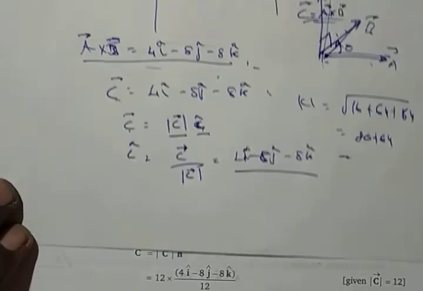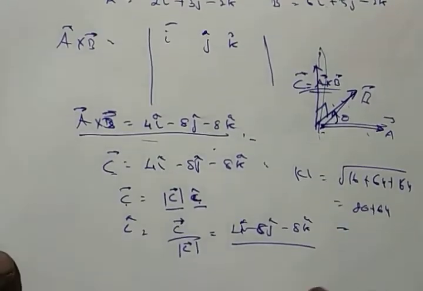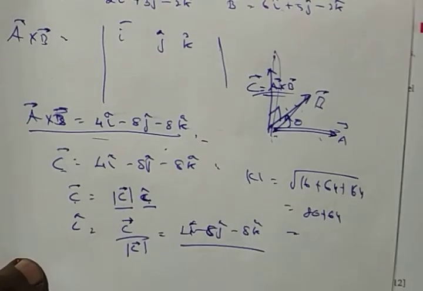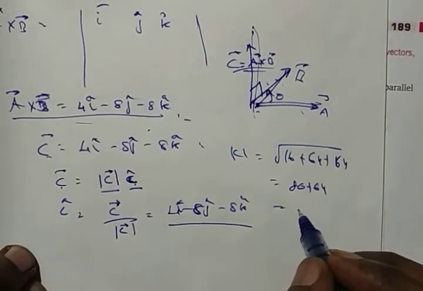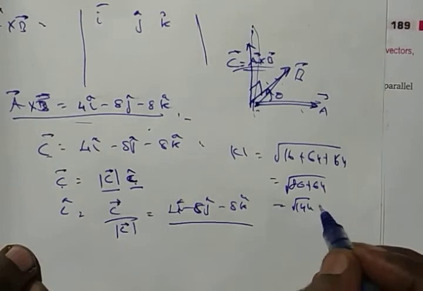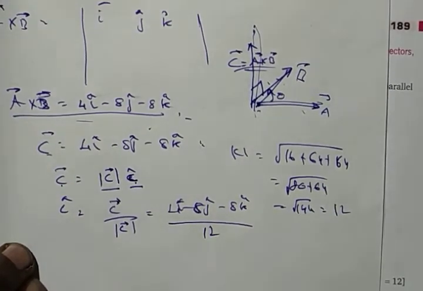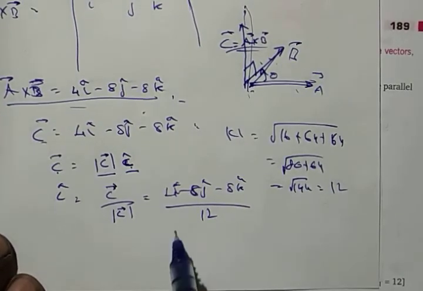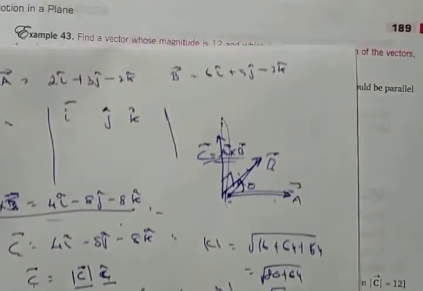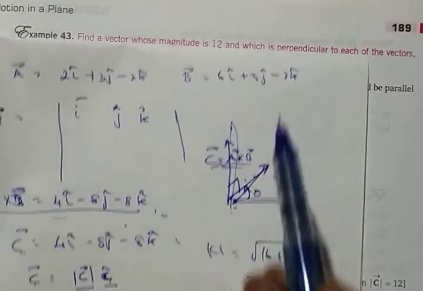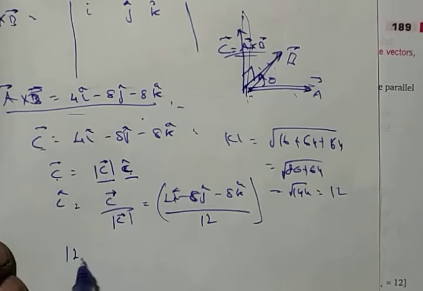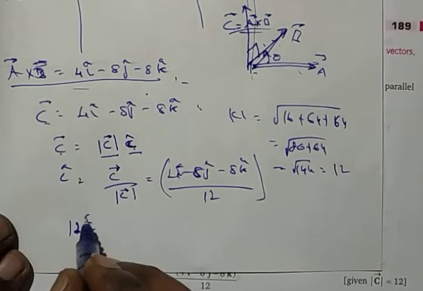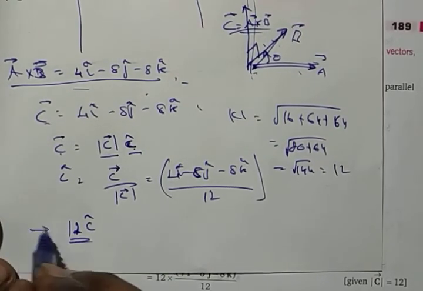So you will get here a big value, and then you need to put this value, which is under root of 144. That's going to be equal to 12. So put 12 here. After you put 12 here, they are asking whose magnitude is 12. So 12 times C cap is the way they are asking.